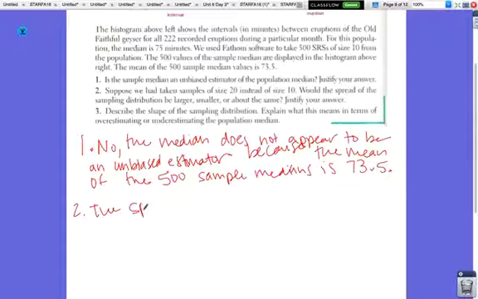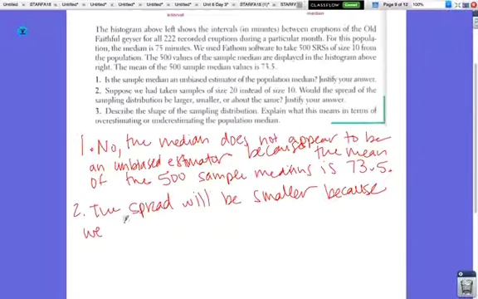So you could say the spread will be smaller because we are increasing the sample size from 10 to 20.